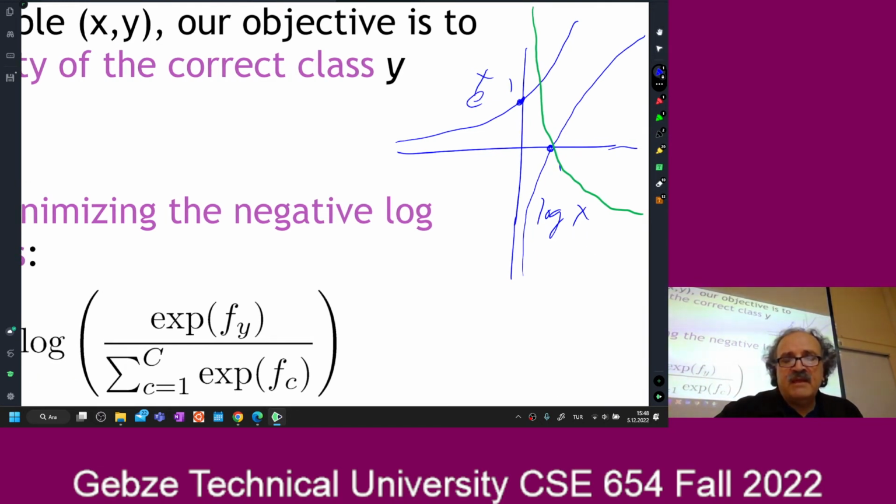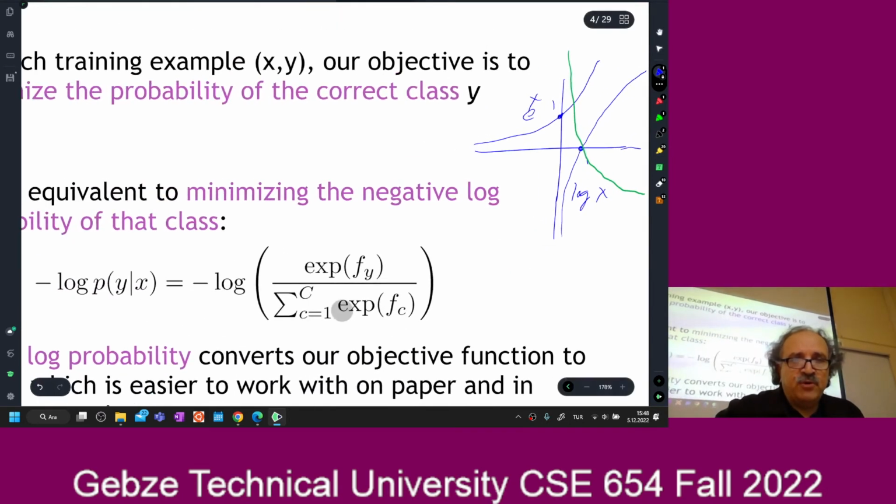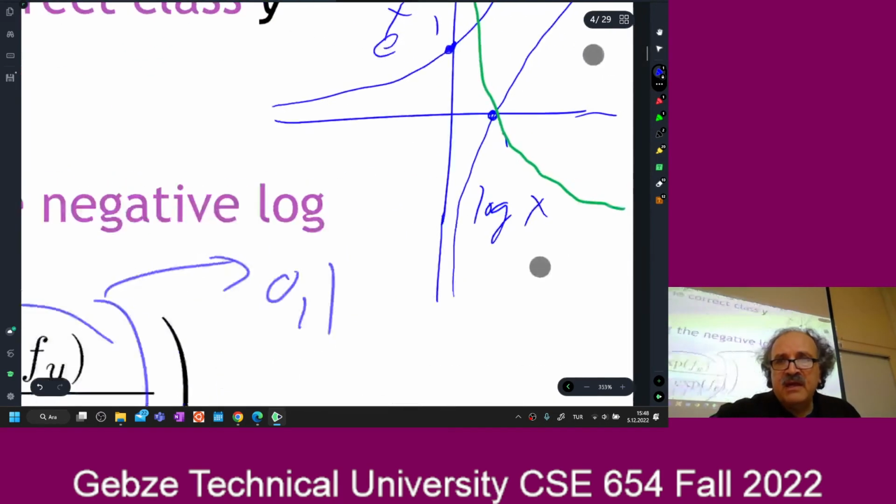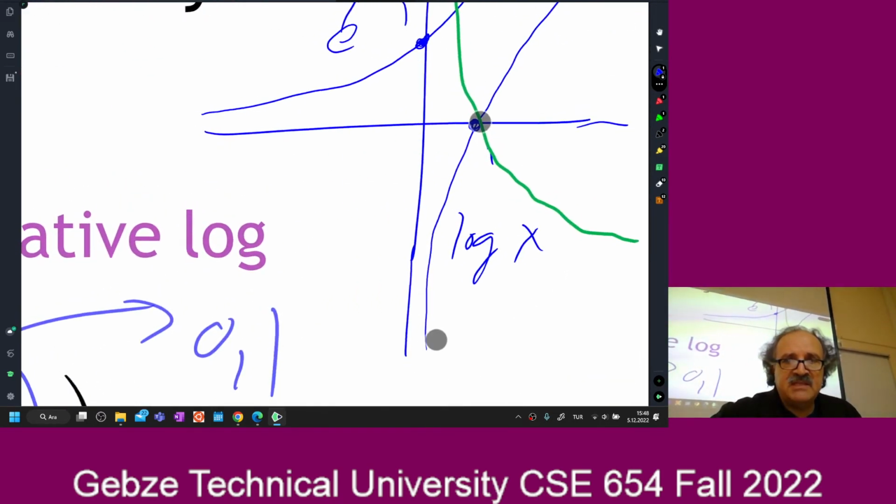This one will produce values between 0 and 1. And this is how it behaves.